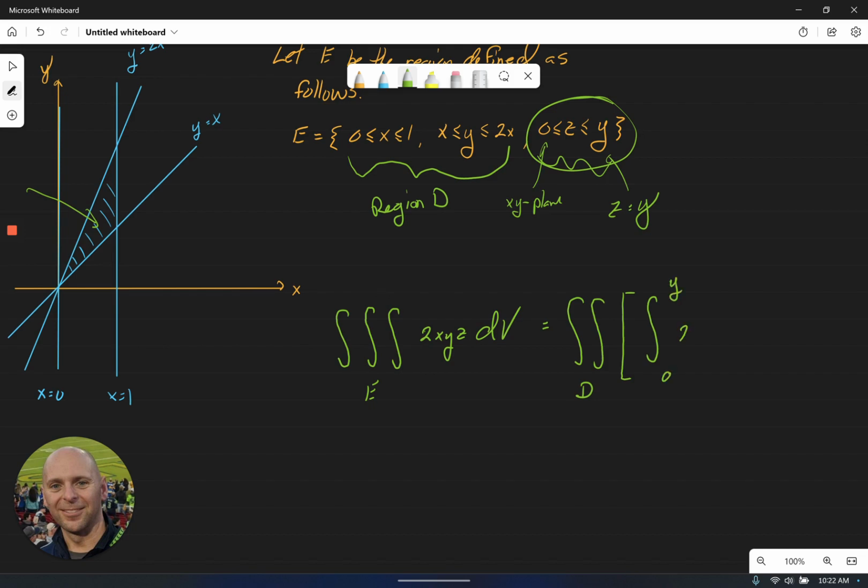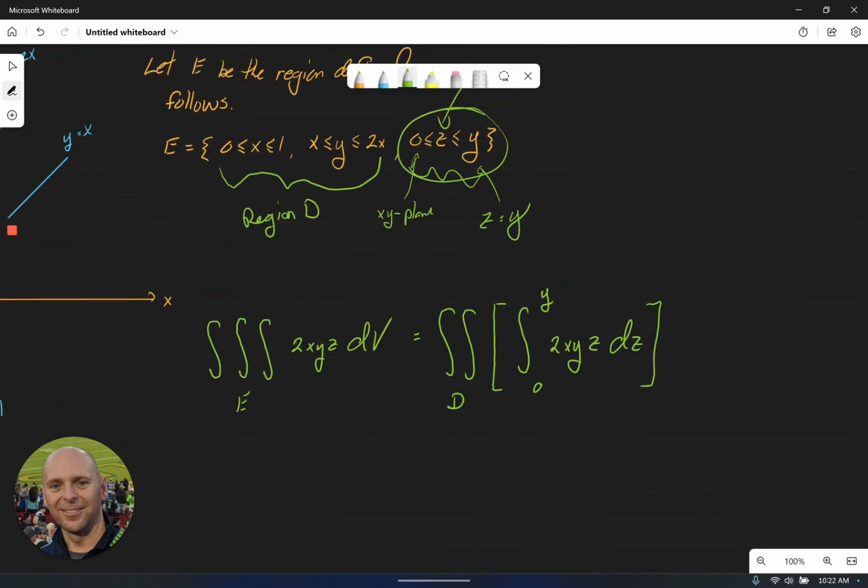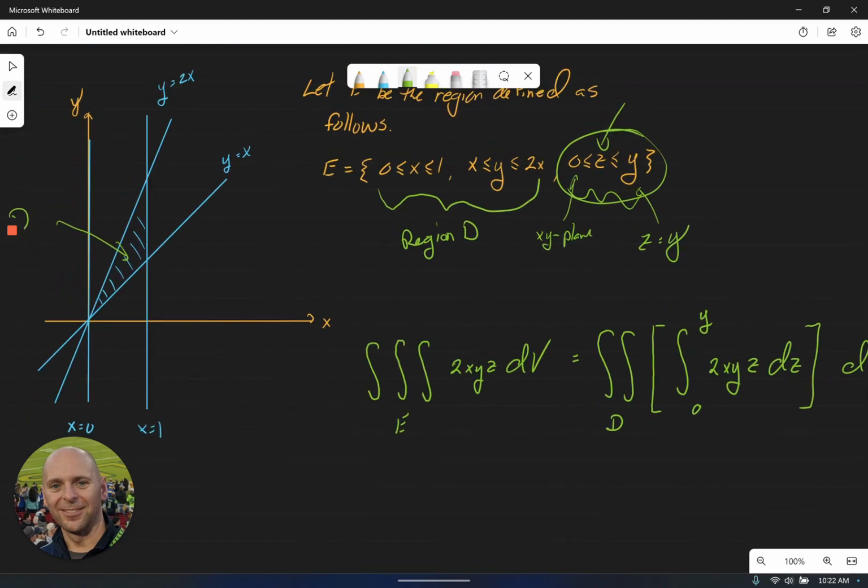Our integrand is going to be 2xyz, and now we're integrating with respect to z. This is our first variable, so we'll throw a dz. I'm going to box that off so that we know that this is our first integral. And then the last part of this is just the region that we're going to be integrating over that we've defined over here in our picture.